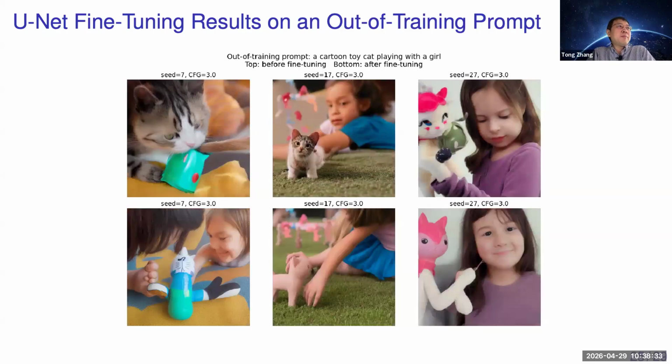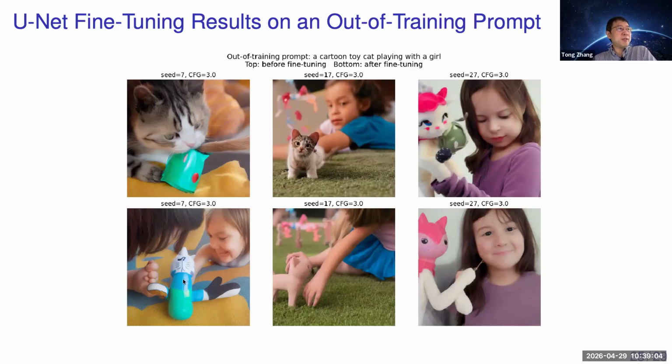The out-of-training prompt is a cartoon toy cat playing with a girl. They're the same as before. The toy cat is there. Because of the fine-tuning, the girl is there but a little bit strange, as it doesn't seem to be entirely connected.